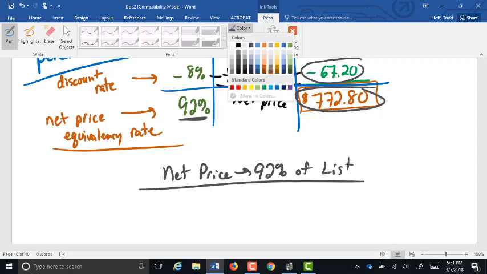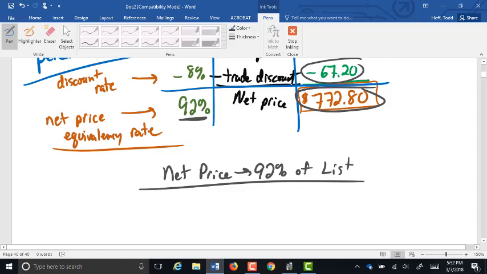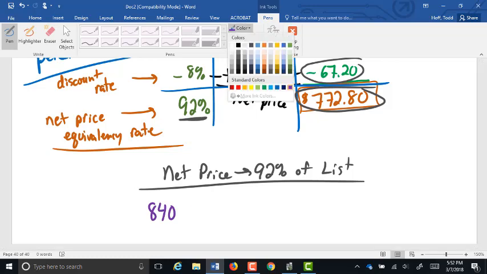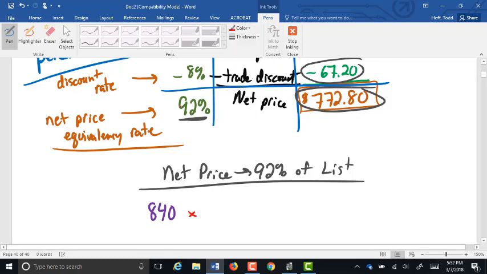And since this is a calculation where we have that whole amount and we're trying to find that piece, we can just use a rate. Our list price was the $840. We could just multiply that by the rate for 92%, which is 0.92, will give us $772.80.